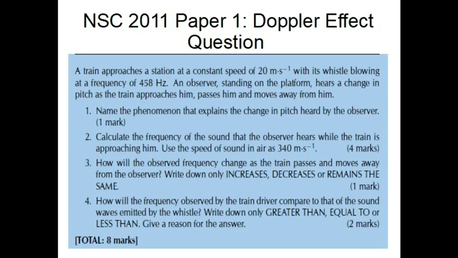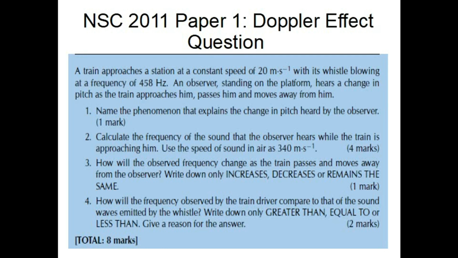I'm going to allow you to have a look at this question. I'll read the question for you. A train approaches a station at a constant speed of 20 meters per second with its whistle blowing at a frequency of 458 hertz.